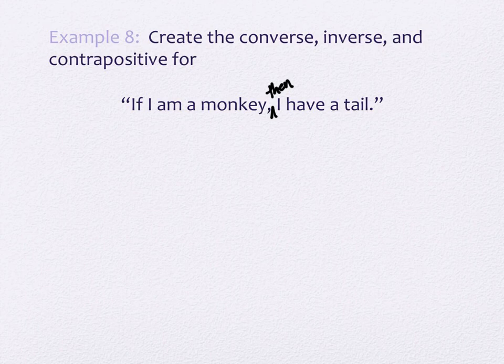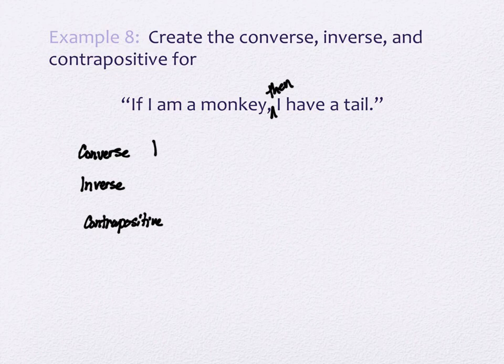And we're going to do converse, inverse, and contrapositive. Okay, converse does what? It flips it. Okay, so it doesn't negate anything. It just flips the if and the then parts around. But the word if stays at the beginning. Don't move the if.